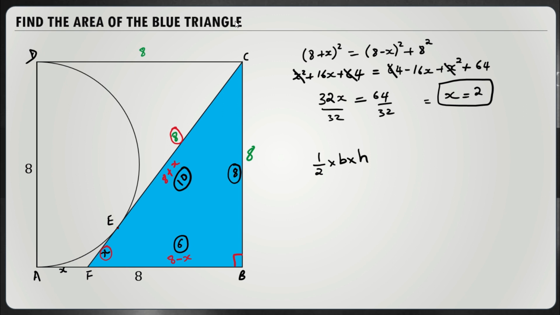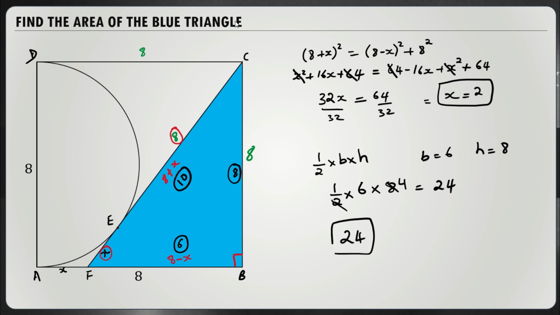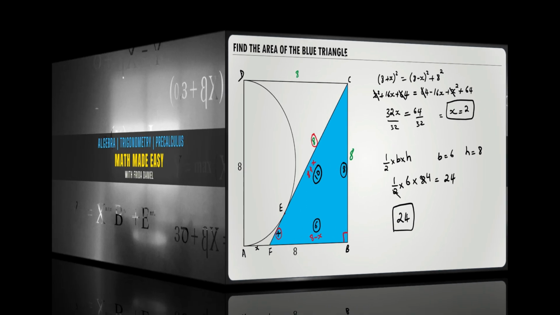In this case, our base is 6 and our height is 8. So the area of this triangle will be half into 6 into 8, which works out to 6 fours are 24. So the area of the blue region is 24 units squared.